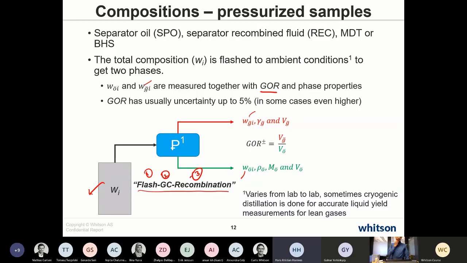The flash depends on the temperature you use. If you compare two flashes at different temperatures, you will get different gas and oil compositions, but the recombined composition should be the same. I have seen that once before when I compared a lab's flashes. They had done one flash at 48 degrees and one at 15 degrees. That explained why we got different compositions, but the total should be the same.